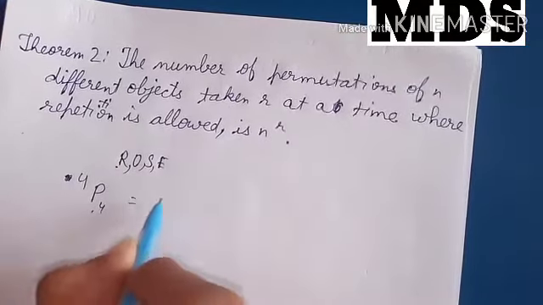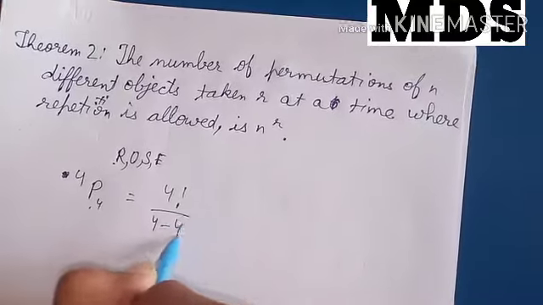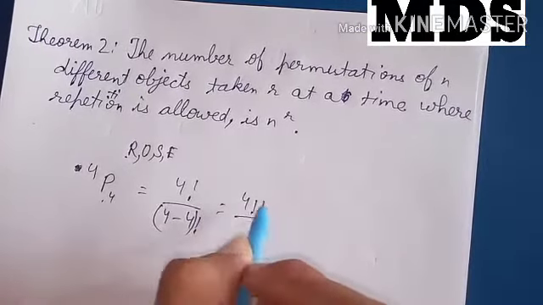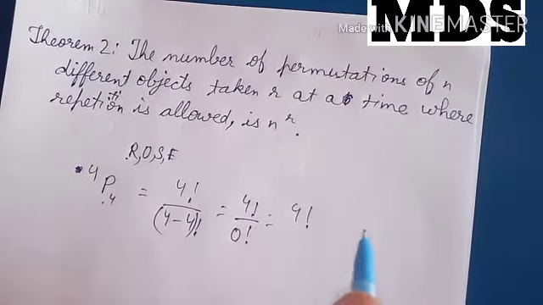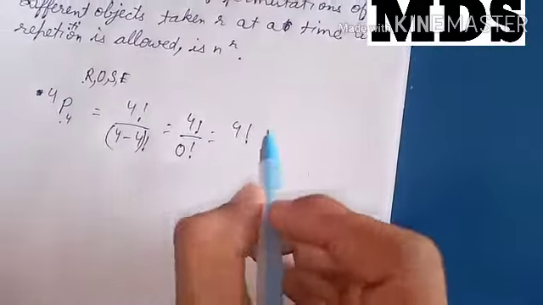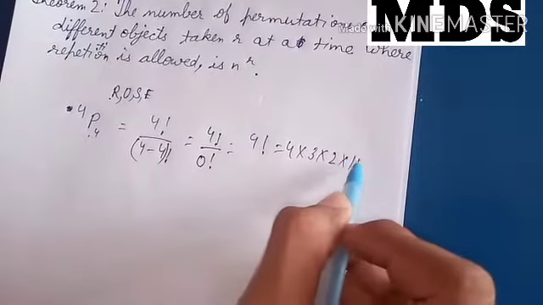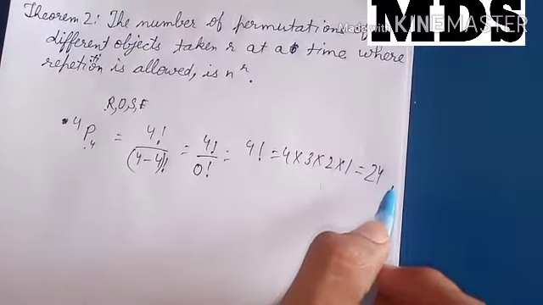So what is its formula? n factorial divided by (n minus r) factorial. So that means 4 factorial by 0 factorial, which is equal to 4 factorial. And what is 4 factorial? It is 4 into 3 into 2 into 1, so it is 24, and that is the same answer that we got while solving our first example.